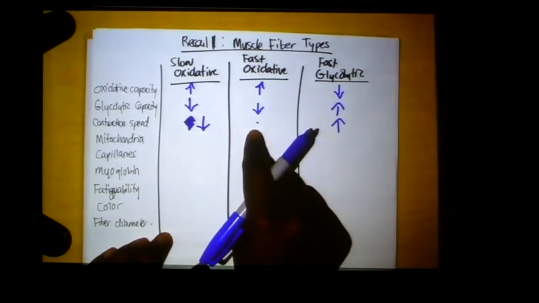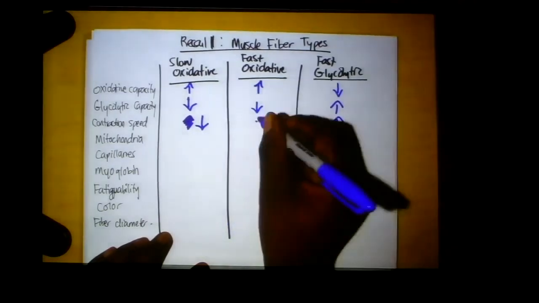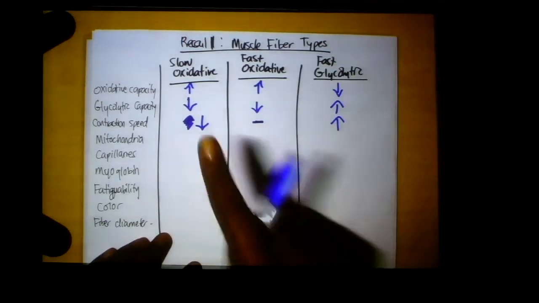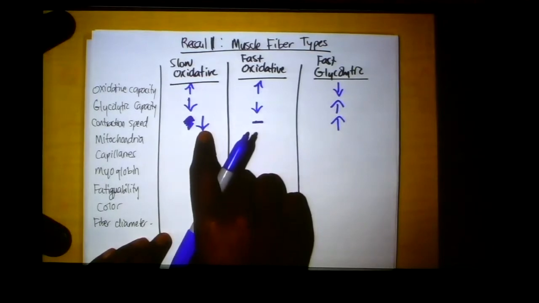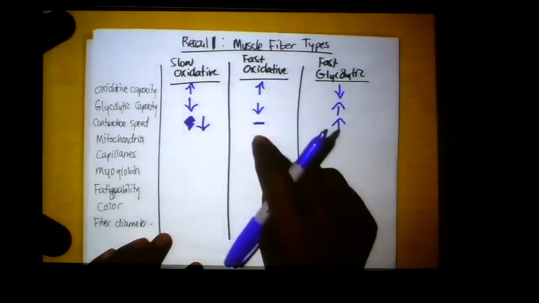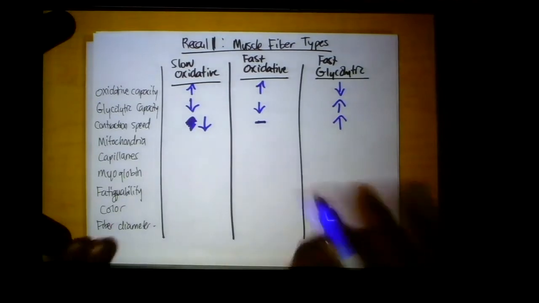For fast oxidative, it's actually not going to be as fast as fast glycolytic. So we're going to just put this dash, which means intermediate, okay, intermediate. So slow oxidative fibers have a low contraction speed. Fast glycolytic fibers have a high contraction speed. And then fast oxidative fibers are kind of in the middle with that medium or intermediate speed.